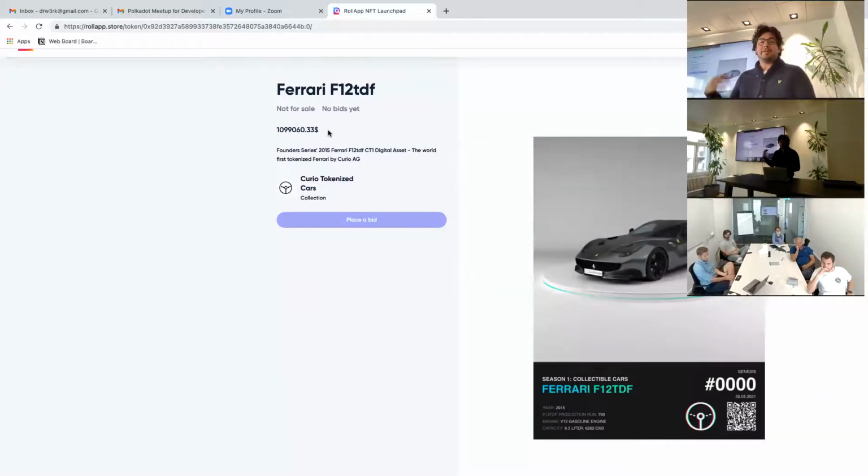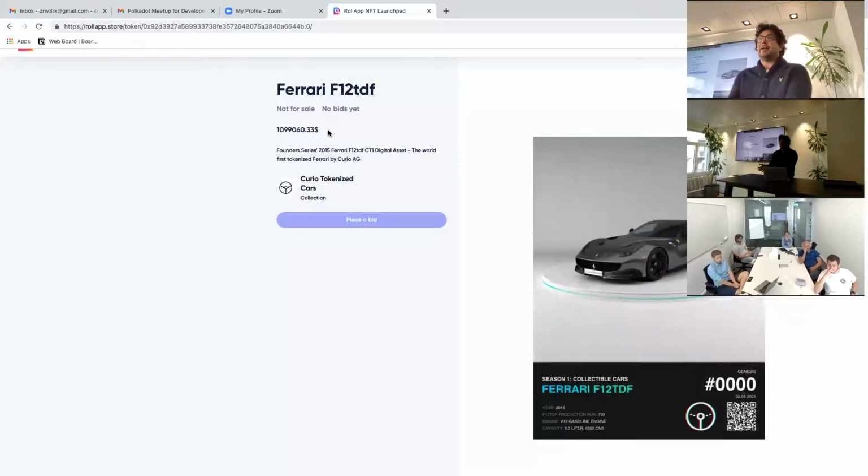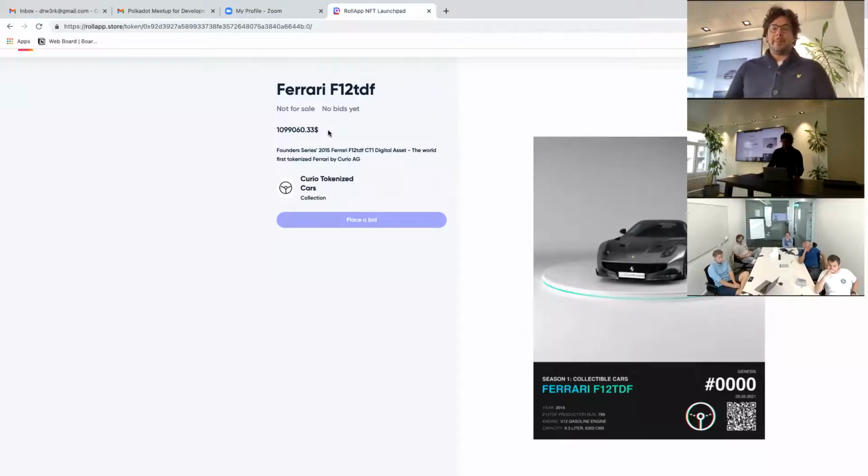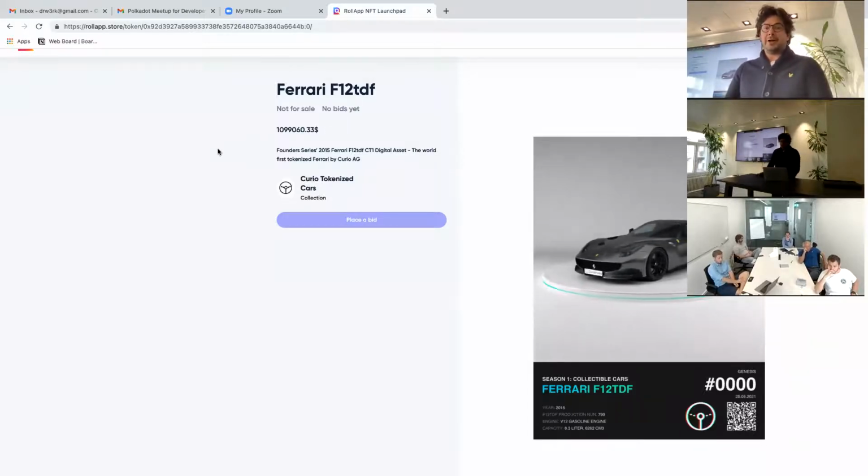So you don't need to sell the Ferrari tokens in order to get access to liquidity. You can actually pledge them, similar to MakerDAO, into a vault and mint a stable coin. So this ecosystem is what we're trying to bring to Polkadot via a Parachain slot.